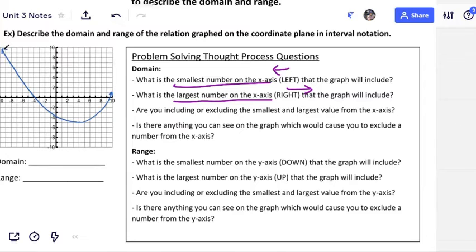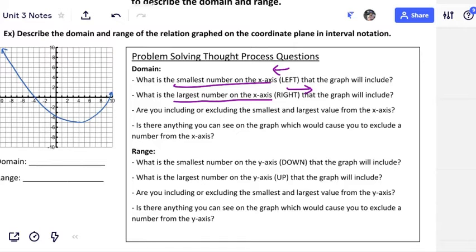As we go to the left right here, my graph is going up and to the left. But for domain, I'm just concerned about its direction left to right. So as it's going to the left, I'm going to draw a little arrow going to the left there. My graph is going to go forever to the left.